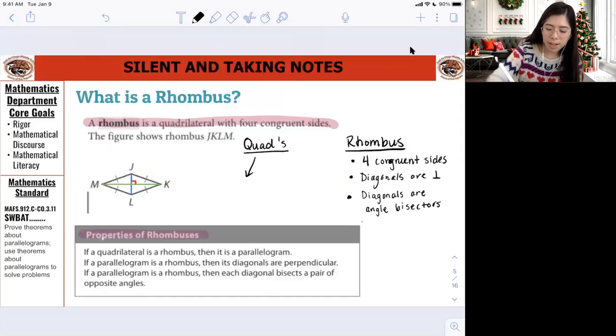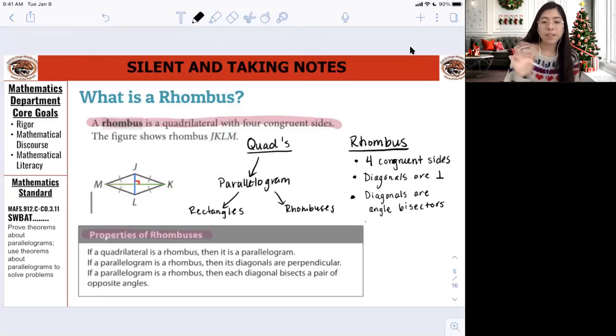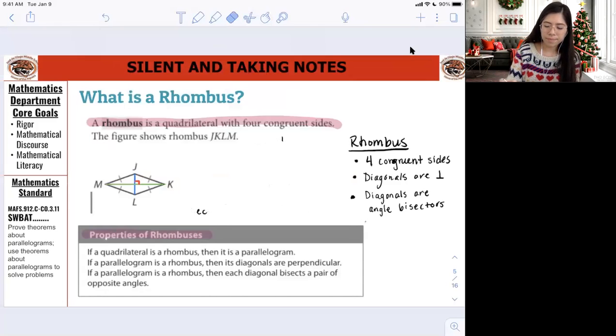A type of quadrilateral is a parallelogram. Parallelograms go into different categories. We've got rectangles, and we've got rhombuses. But again, at the end, I'll do a better diagram than this. But this is what we've got so far. Okay.